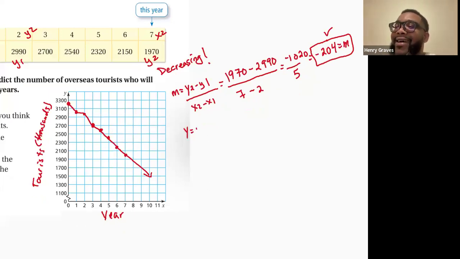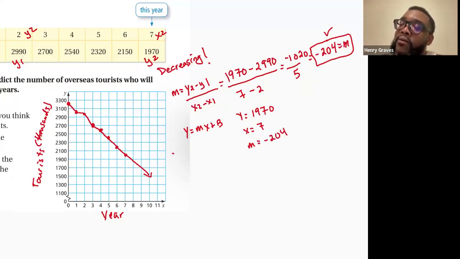Y is equal to 1970, x is going to equal 7, and my slope is going to be negative 204. I'm going to plug all this into my function. So 1970 is equal to negative 204 times 7 plus b.